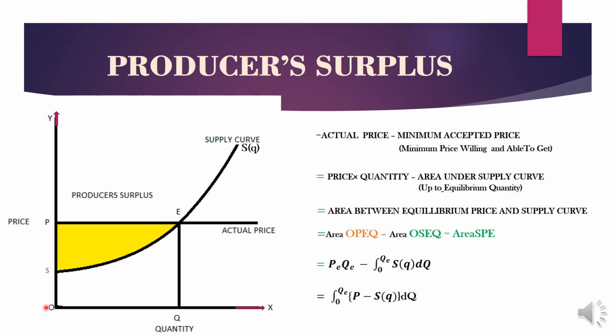So this area OSEQ shows the minimum accepted price that a producer will be willing to get, and this area OPEQ shows the total price that the producer actually gets.